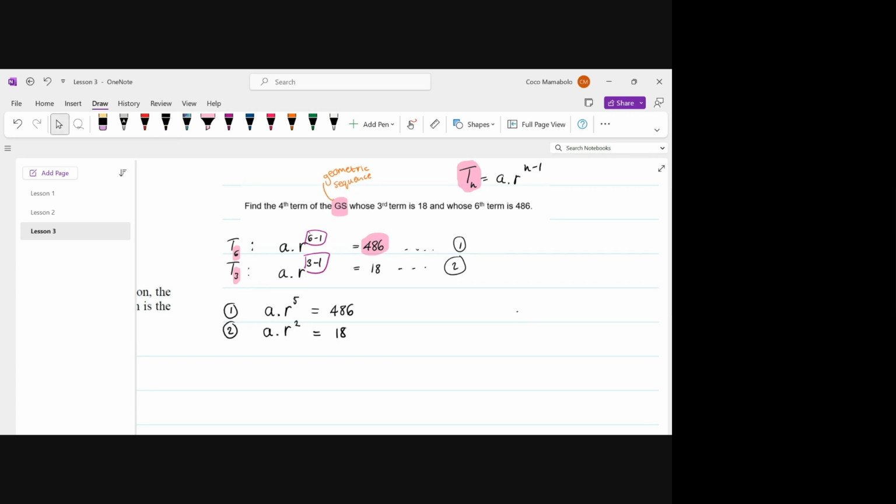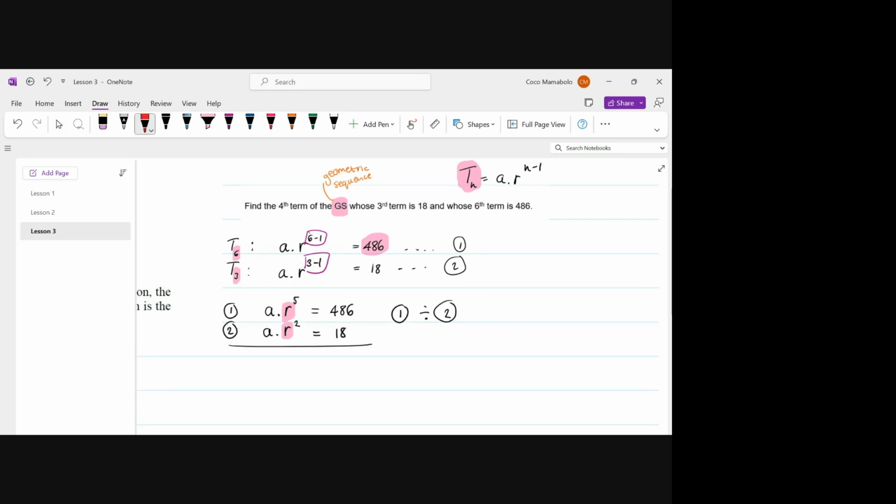But remember, this is a geometric sequence, and we're trying to find r. The way we find our common ratio is by dividing. So our instruction for our simultaneous equation will say equation 1 divided by equation 2.